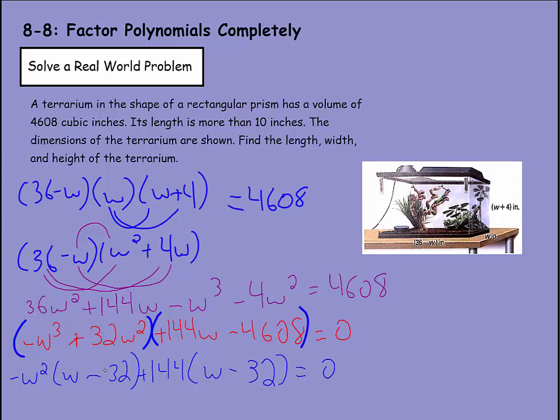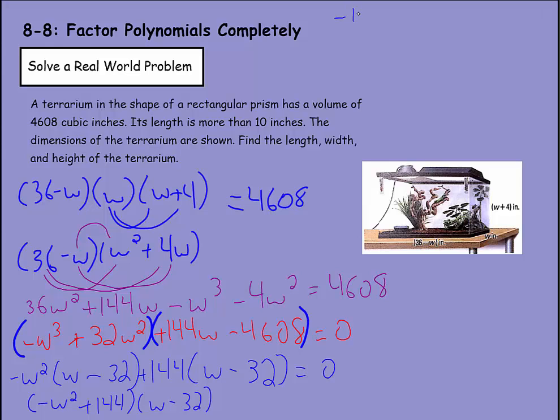So now you'll notice these are common binomials, which means that I can refactor this. It would be a factor of negative w squared plus 144 times w minus 32. This one's not quite done yet because they're two squares as well. If you notice, we have a negative leading coefficient, which is never that good to have. So let's multiply this one times negative 1 to get that leading coefficient to be positive.